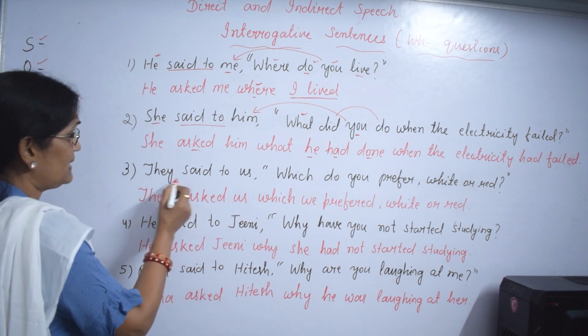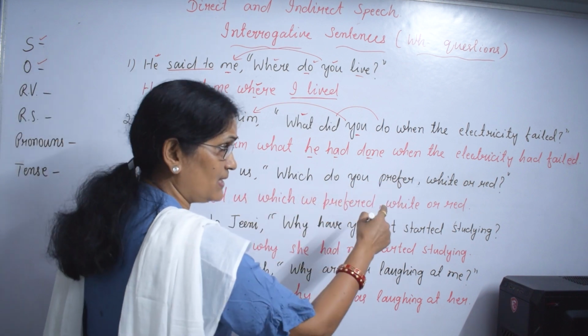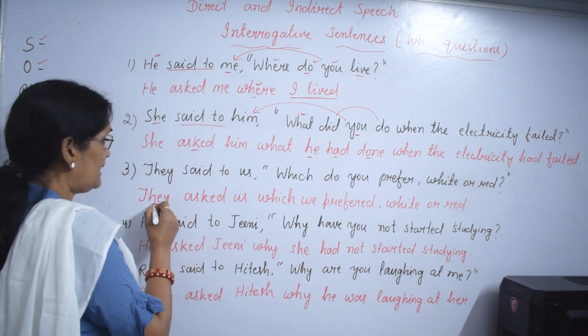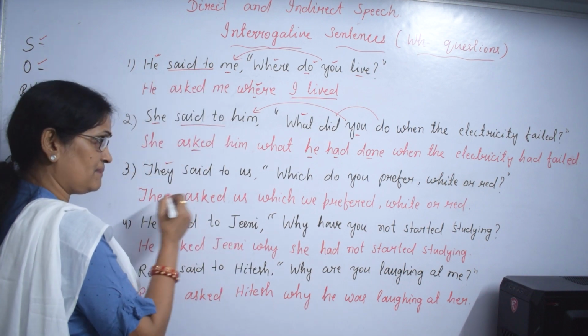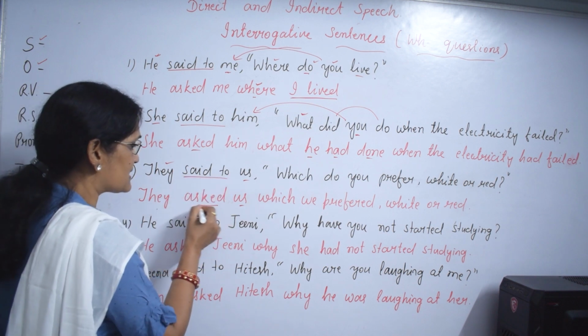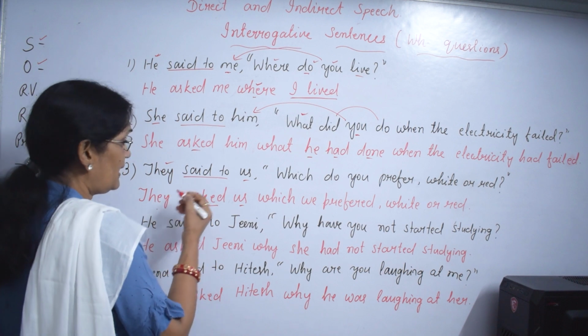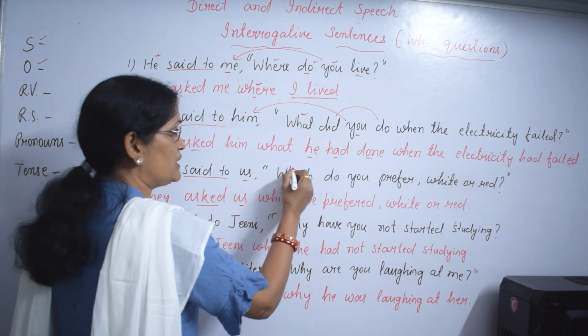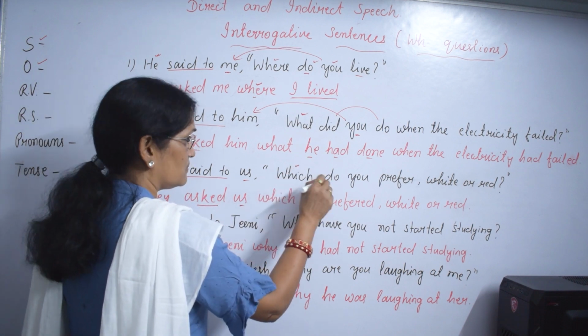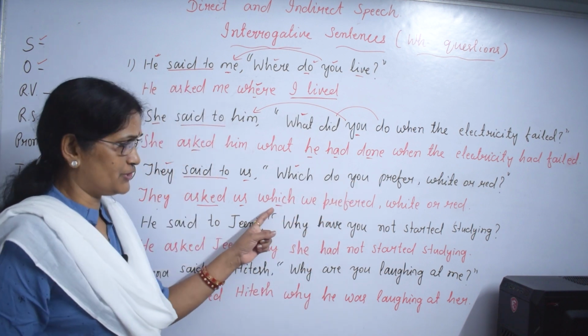They said to us, "Which do you prefer, white or red?" The same speaker and object will be written. Then said to will be asked, as it is an interrogative sentence. They asked us. Which is the WH word here? In the question sentence, you write that WH word as the conjunction.